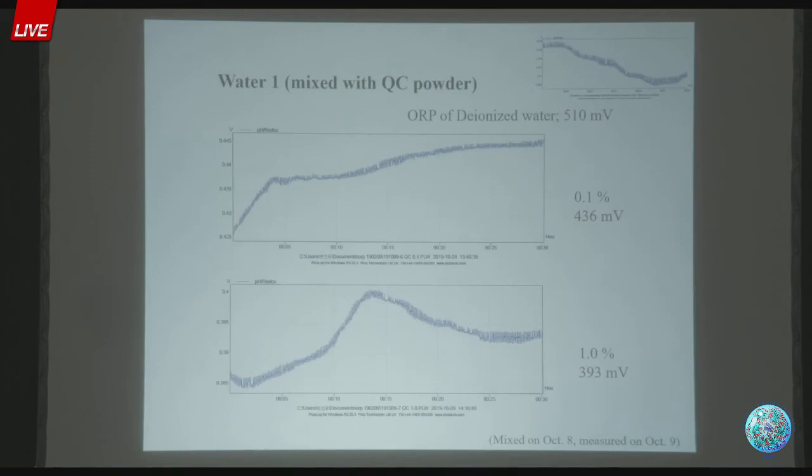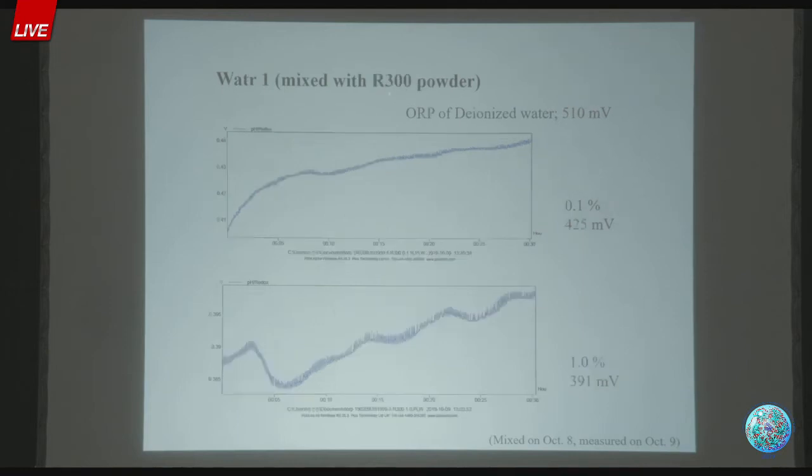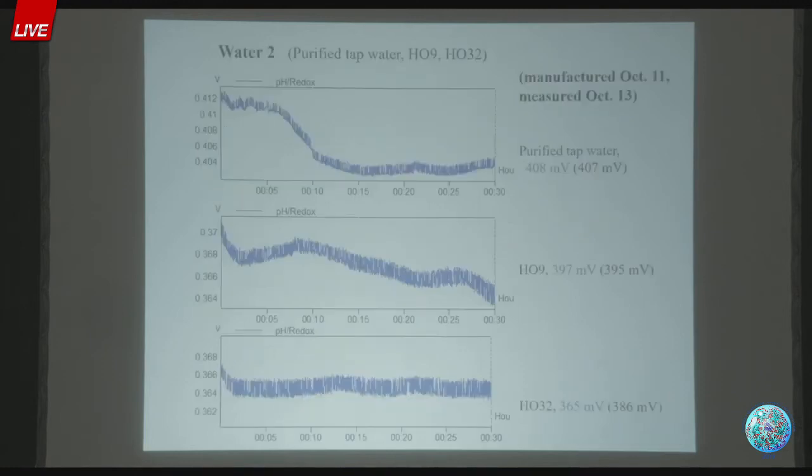So water 1, the control water, is 510 millivolts, and it lowers to 436 and 393. It looks like a big change or variation, but that's because of the expanded vertical axis. If it is increased, then it's almost flat. And mixed with R300 also showed 510 to 425 to 391 millivolts, lowering.